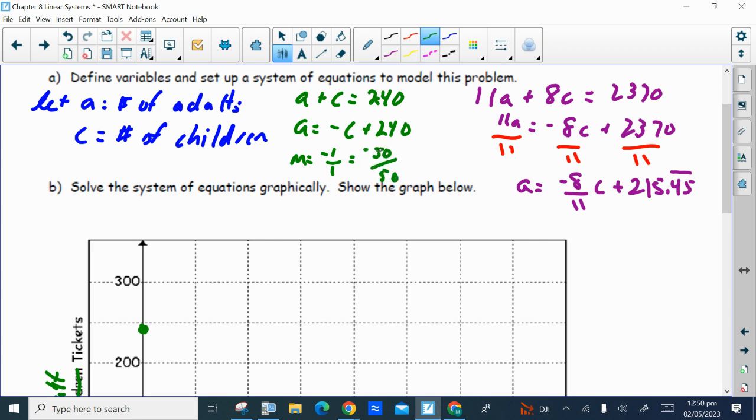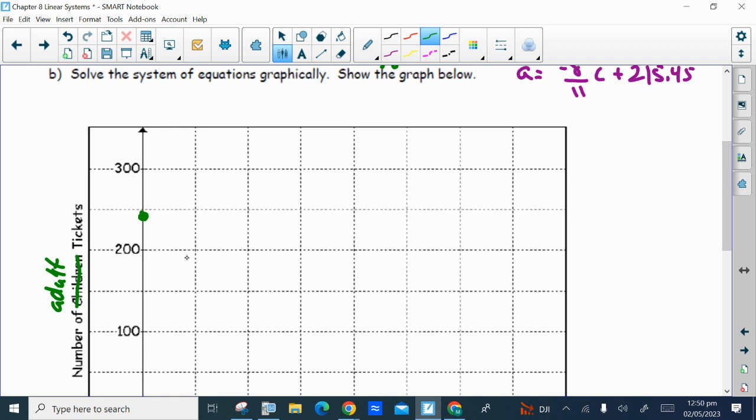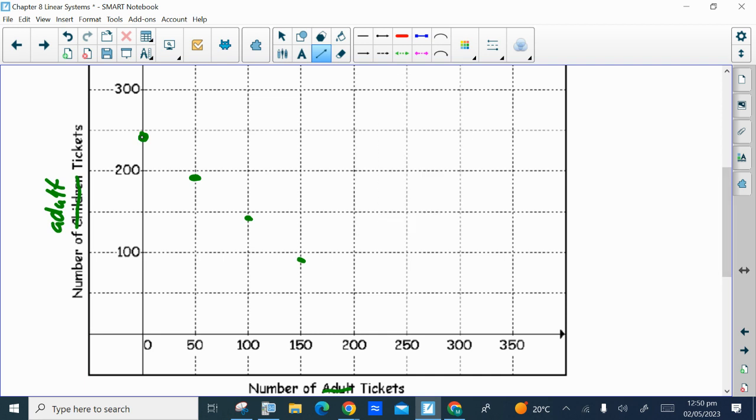That's the same thing as negative 1. So down 50 and over 50 is approximately there. Down 50 and over 50 is approximately there. And so on. So we can draw this line. It's going to look something like that.